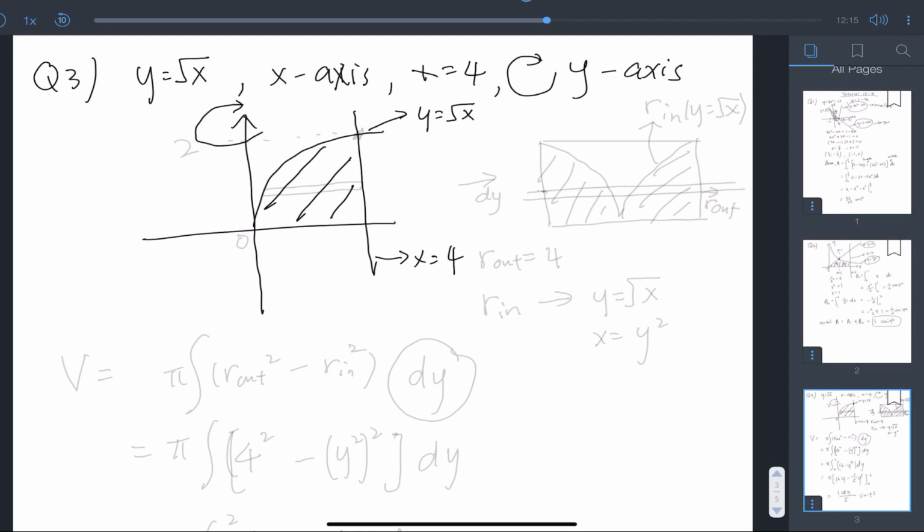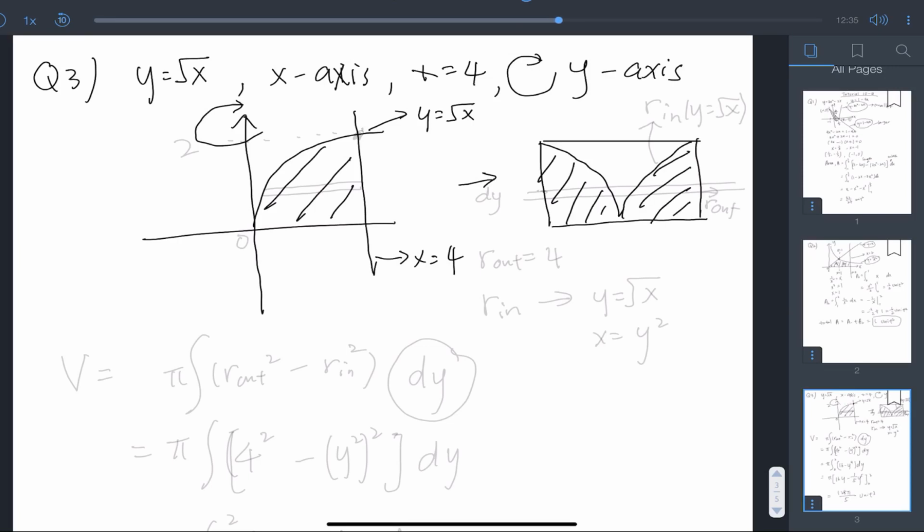When it revolves around the y-axis, you actually form a cylinder like this. If you look at it sideways, you form a cylinder like this, and there's a hollow here. So this is the solid part.